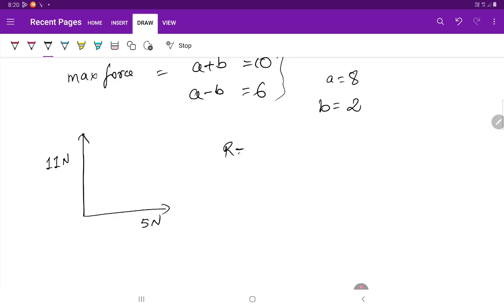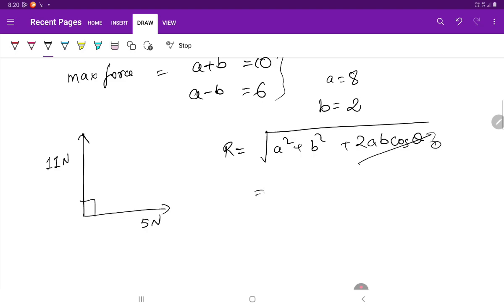So the resultant R would be, since the angle is 90 degrees, under root A square plus B square plus 2AB cos theta. Cos theta, where theta is 90 degrees, comes out to be 0. You'll get under root 11 square, 121, plus 25, which is equal to under root 146. Yeah, so that's the answer, in newtons of course. Hope you get it.